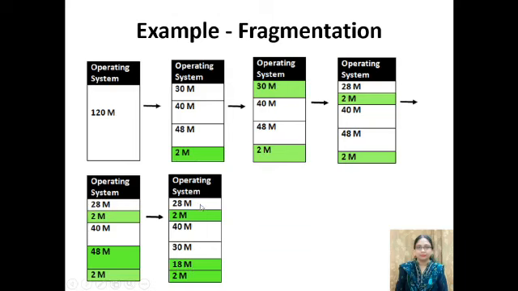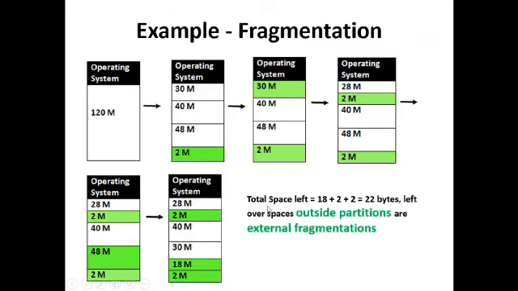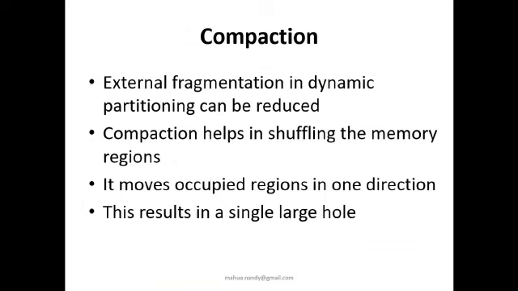So throughout the memory space, the total fragmented memory created is equal to 18 M plus 2 M plus 2 M, that is 22 M. So the total leftover space is 18 plus 2 plus 2 equal to 22 M. These leftover spaces outside the partitions are called external fragmentations. So we have discussed external fragmentation in dynamic partitioning.